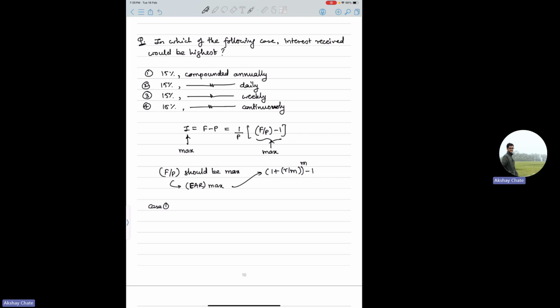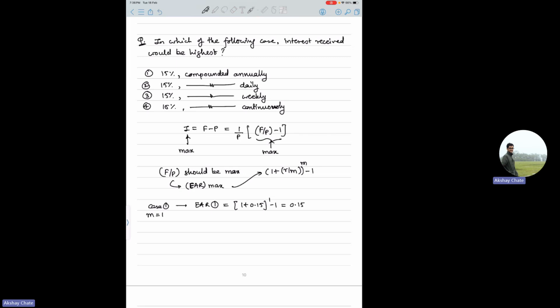Okay, so in case 1, R is the same. If you calculate EAR1, since it's annual compounding, m is 1, so it will be simply 1 plus 0.15, power 1, minus 1, so it's nothing but 0.15.